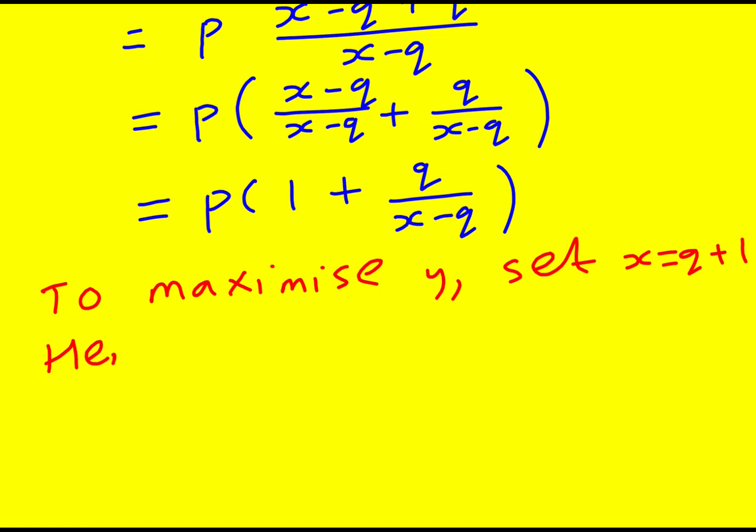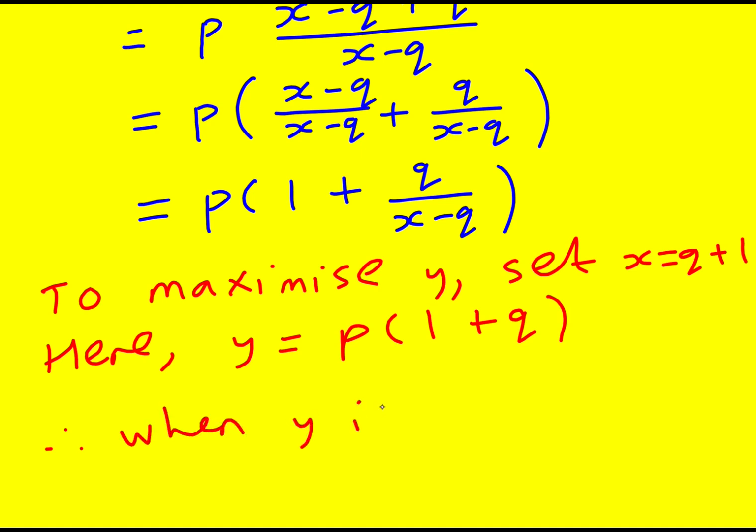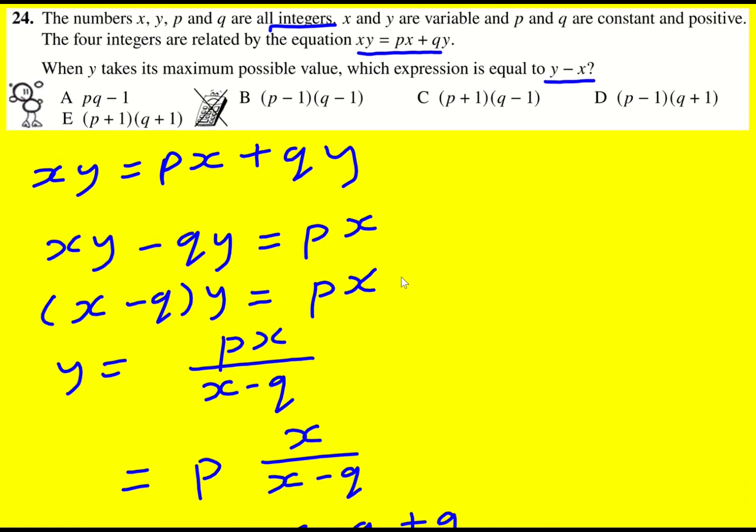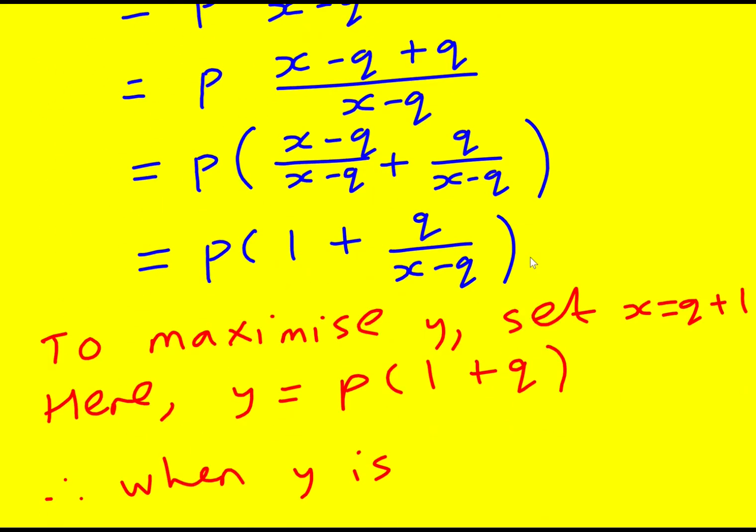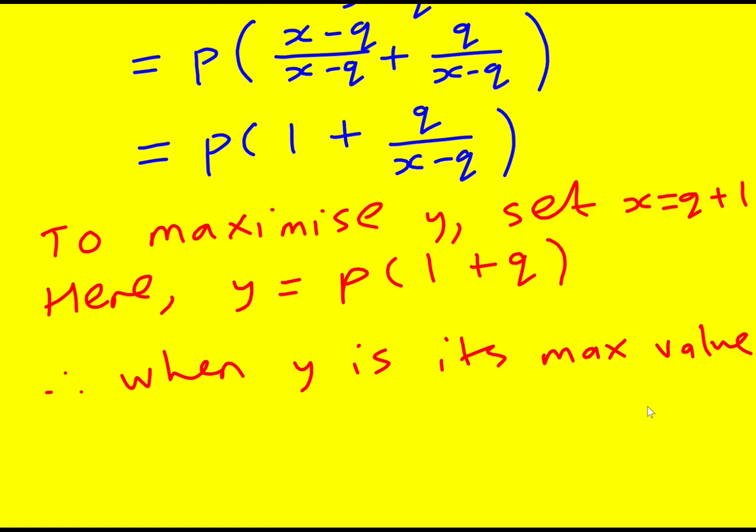And here, y will equal p times 1 plus q. And therefore, when y is at its maximum possible value, y minus x is going to equal p plus pq.